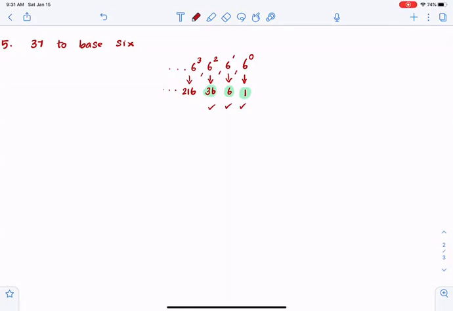And mind you, all 3 digits must be less than the number 6, because any digit in a base 6 number cannot exceed 5. This is from last time. So I want to split up 37 so that I can write it as a power of 6.